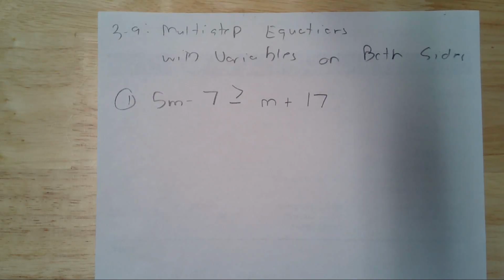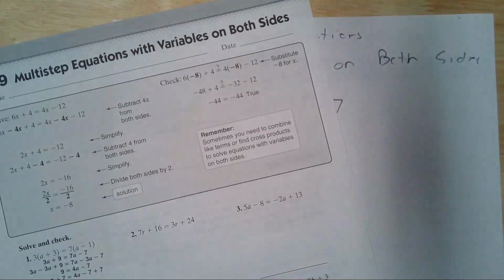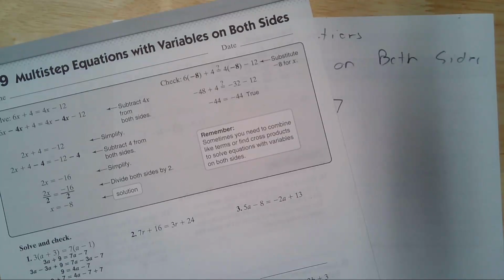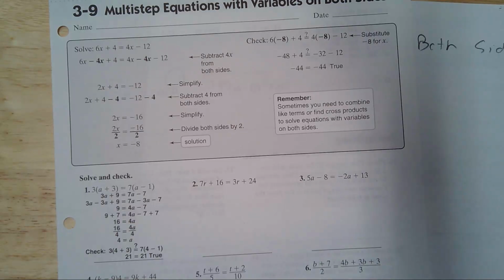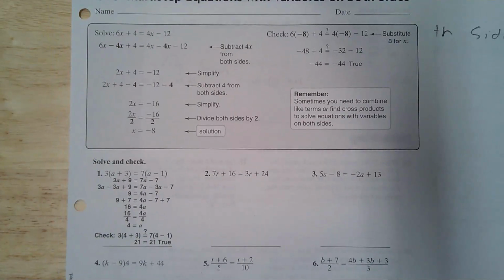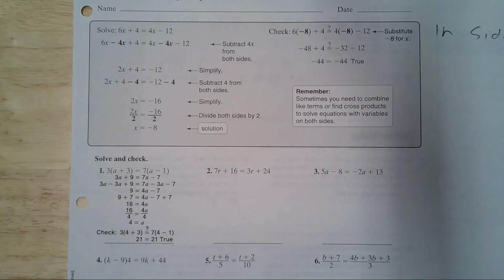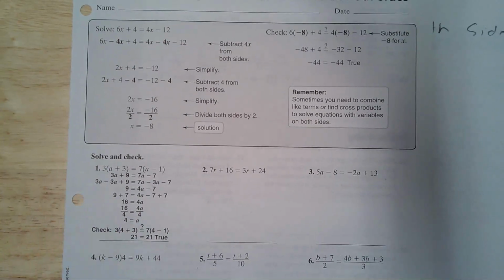variables on both sides. So this is pretty much our threshold for 8th grade algebra. As I say every year, it is not the end by any stretch of where this is continuing to go next, but it's our limit to an extent.